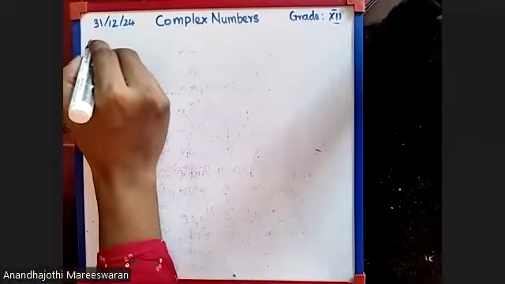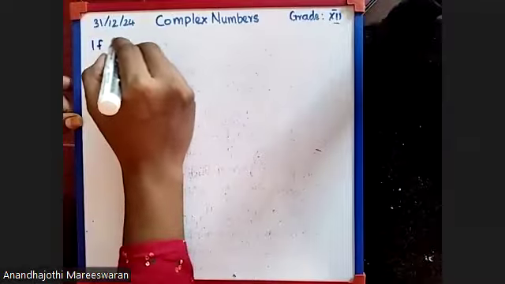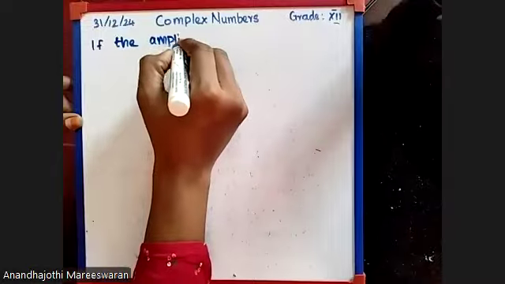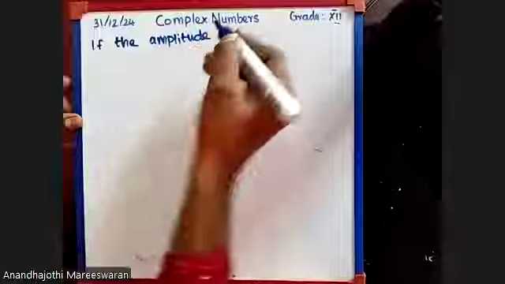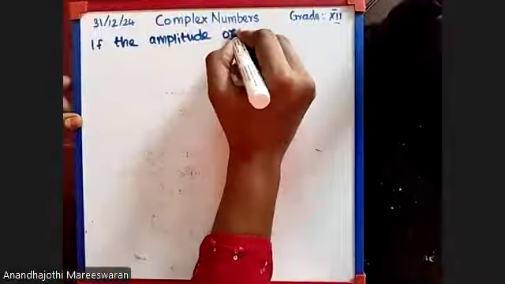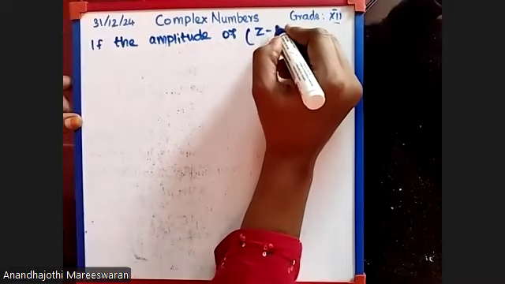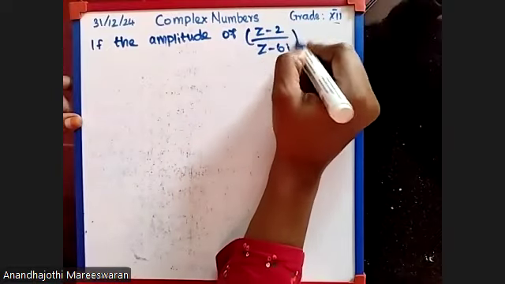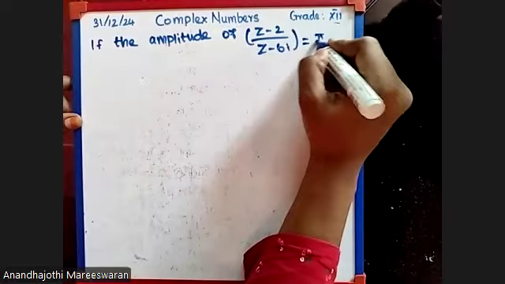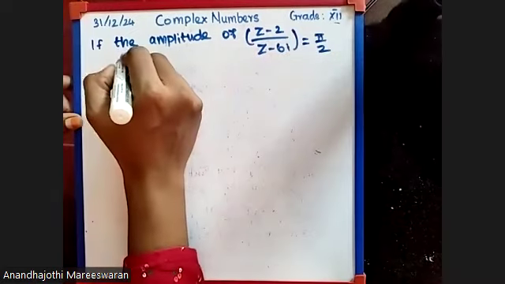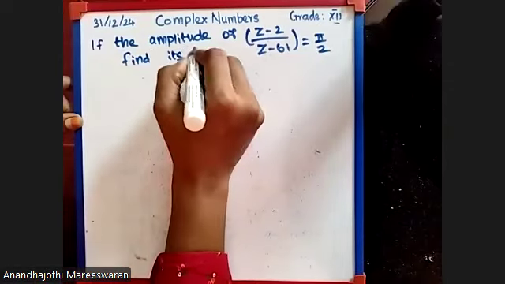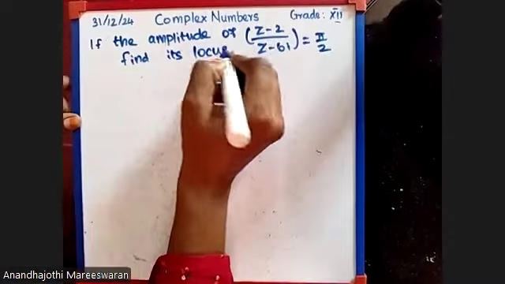The next question is: if the amplitude of z minus 2 divided by z minus 6i is equal to pi by 2, then find its locus.